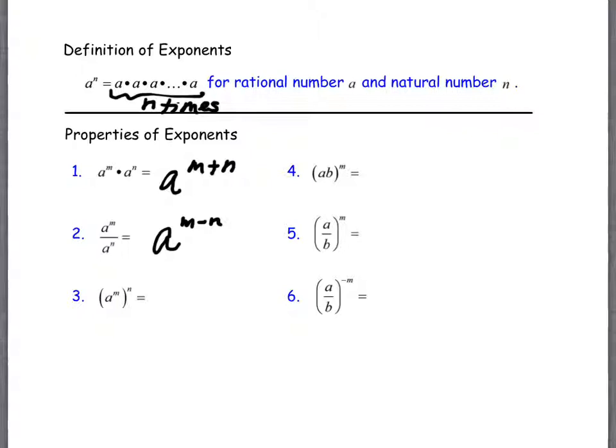How is 3 different than 1? There's parentheses. What else? Like a power to a power.